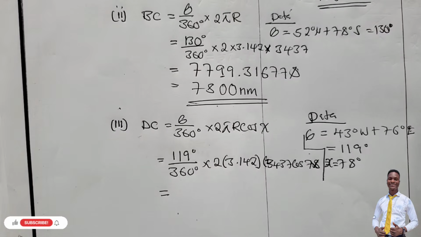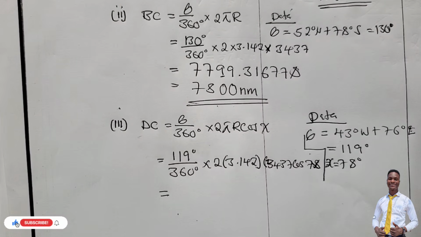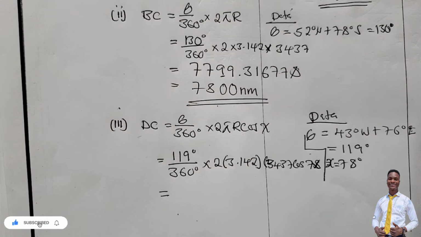Let's solve this: 119 divided by 360 multiplied by 2 multiplied by 3.142 multiplied by 3437 multiplied by cos 78.